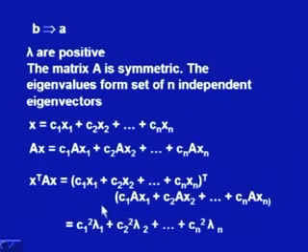And then if you perform this multiplication, it is column, it is transpose. So if you multiply this, we will have C1 square lambda 1 plus C2 square lambda 2 plus Cn square lambda n.